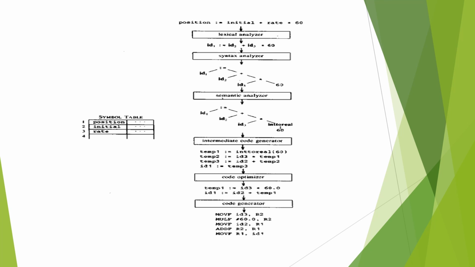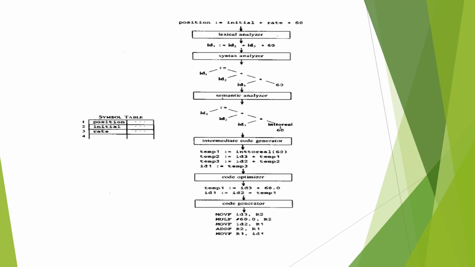We have seen the first phase is the lexical phase, next is syntax, semantic, intermediate code generator, code generation, then code optimizer. So those are the phases of the compiler, right? So see, this is position. This statement enters as source code.